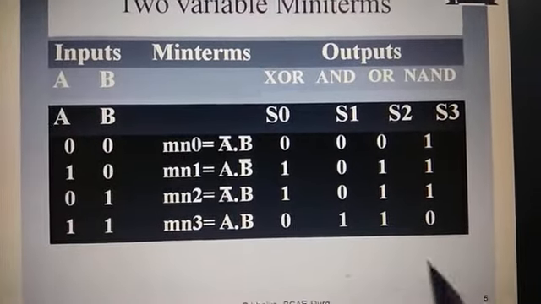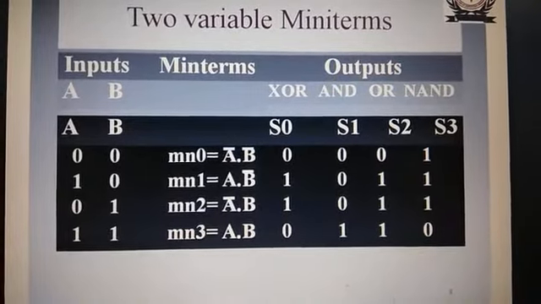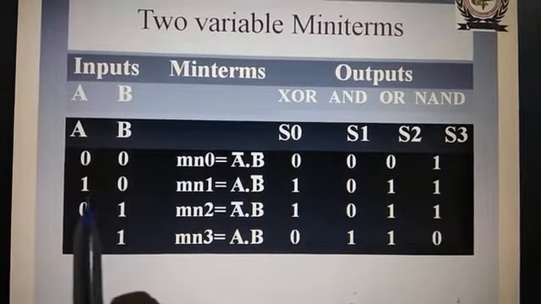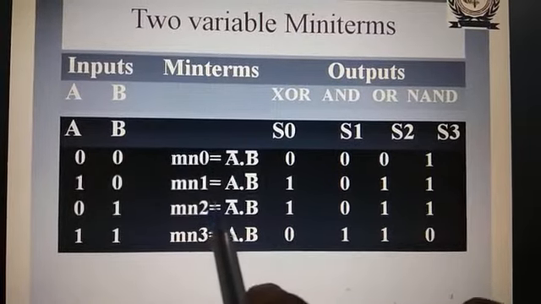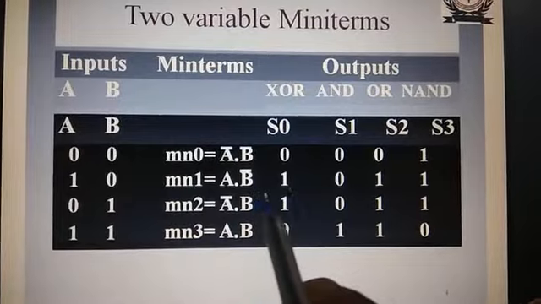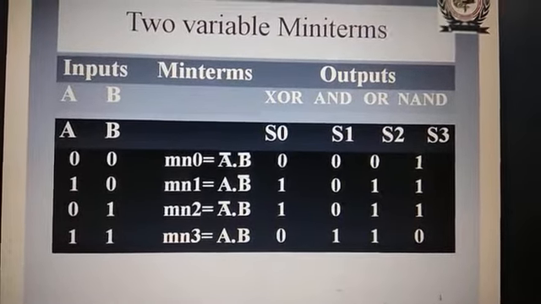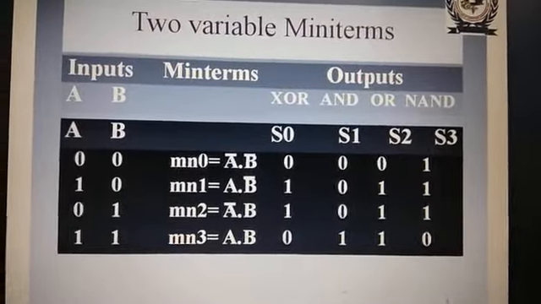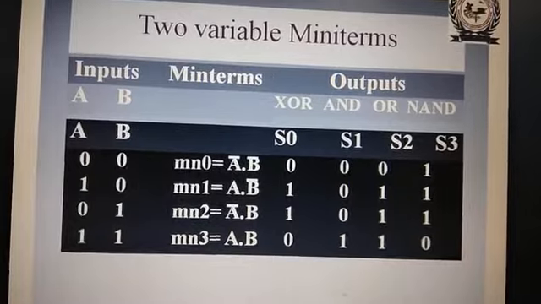And this is 0, 0, 0, 1. A is 1, B is 0, min term 1 is A dot B bar. Then it is 1, 0, 1, 1. This is the XOR output, and OR and NAND.